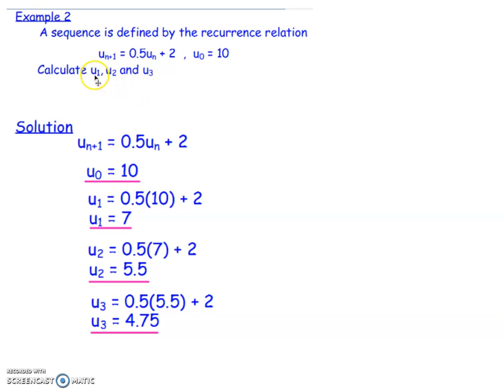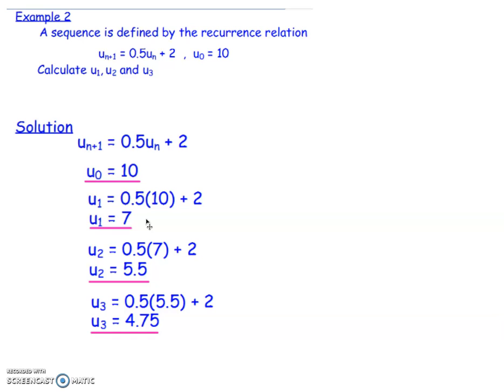So if I want U_1, I'm going to need to substitute U_0 for this part. So 0.5 times 10 plus 2. Because my U_0 value is 10, I substitute 10 into my recurrence relation. 0.5 times 10 is 5, plus 2 is 7.